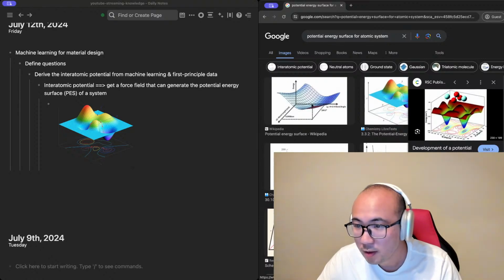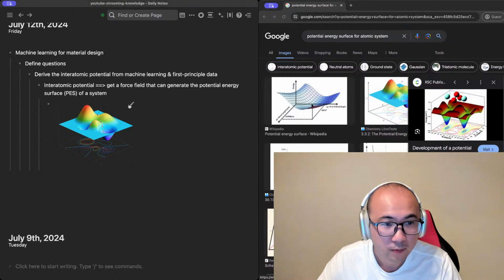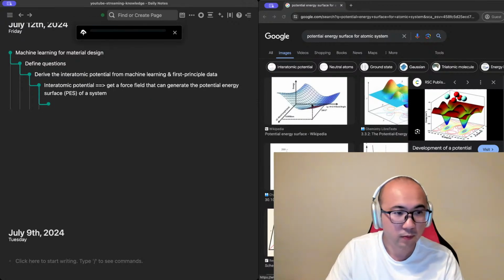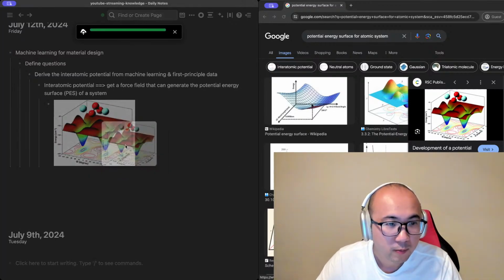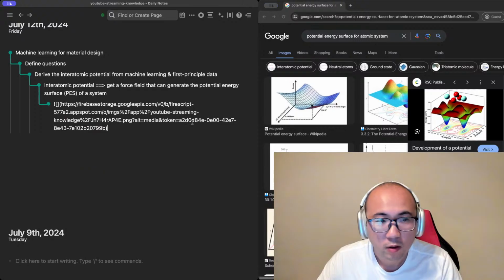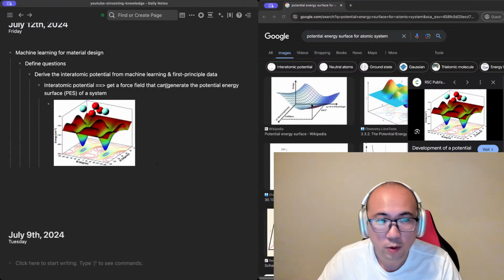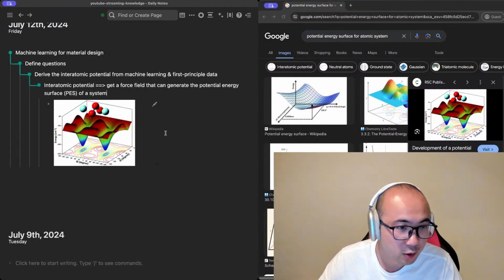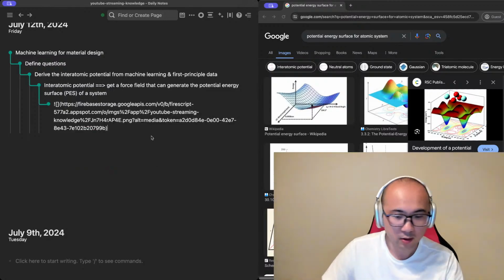Yeah, maybe this one is better. So this will be our potential energy surface.